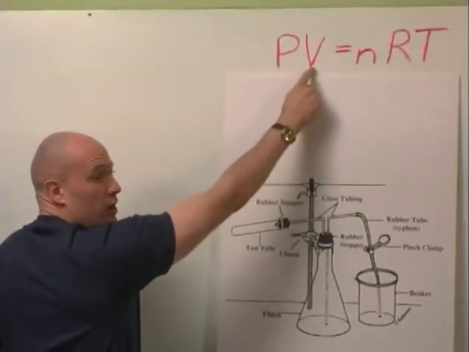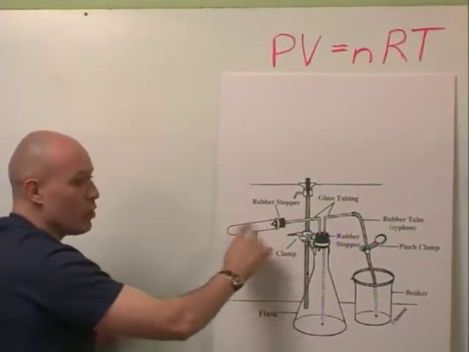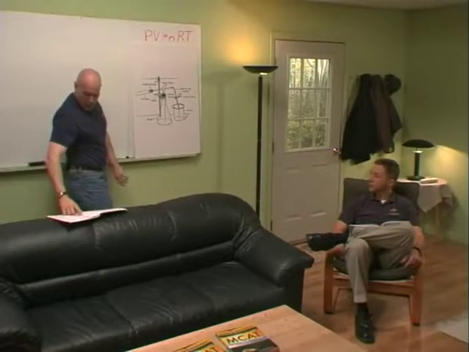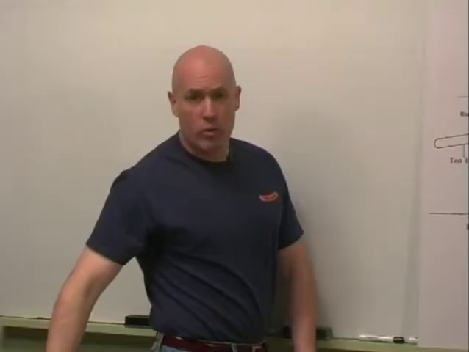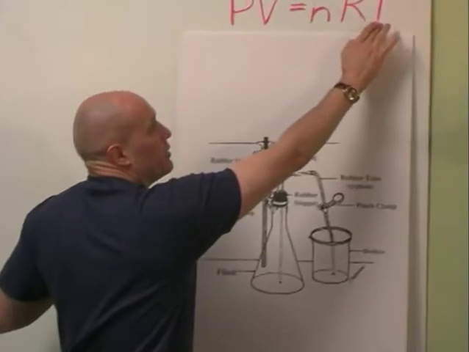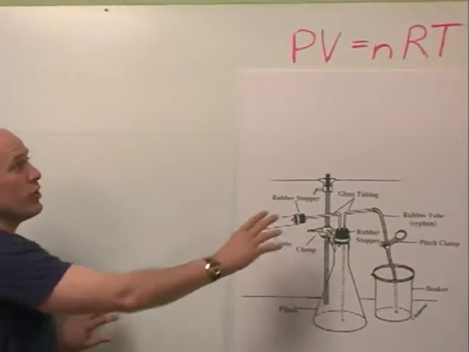So that's how they measure the volume of the gas. Number of moles they get from the stoichiometry of the reaction, the potassium chlorate reaction given in the equation. And then T is the temperature, and that's just going to be room temperature. So they measure those variables and calculate for R.